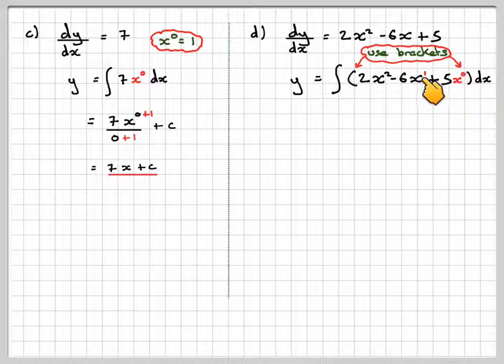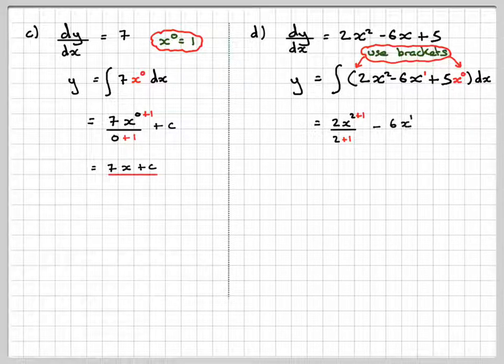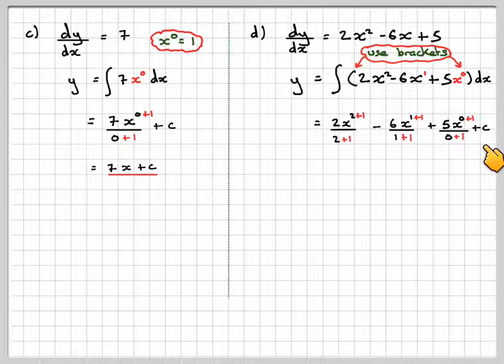Perhaps normally we wouldn't write this or this in. It becomes 2x to the 2 plus 1 divided by 2 plus 1, so applying the rule of integration, minus 6x to the 1 plus 1 over 1 plus 1, plus 5x to the 0 plus 1 divided by 0 plus 1, and then add our constant of integration.